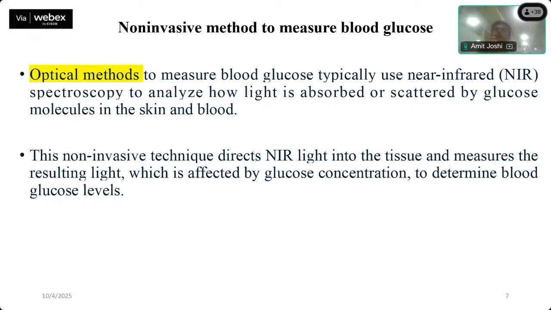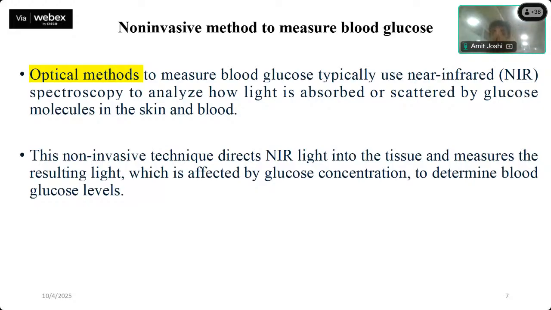For continuous monitoring, non-invasive measurement is very important. Most of the time, when we talk about non-invasive measurement, they are basically optical methods, where light is incident on your fingertip and you observe the intensity variation in the light, which is related to your blood glucose concentration.